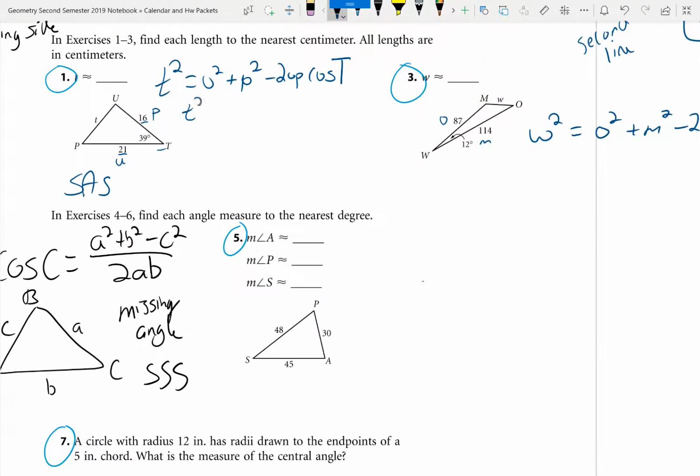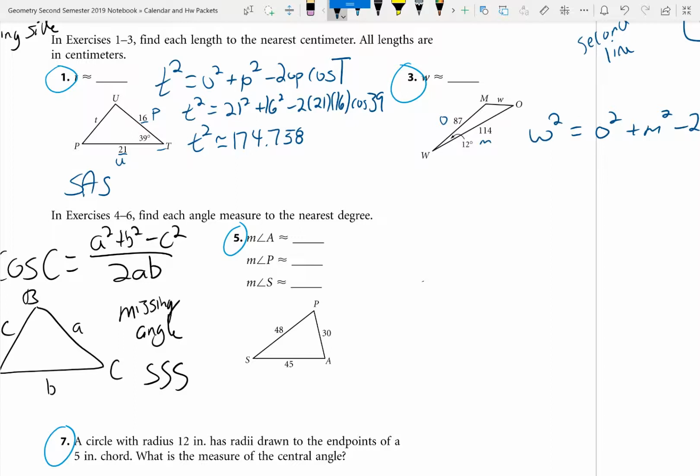So t squared will equal 21 squared plus 16 squared minus 2 times 21 times 16 times the cosine of 39 degrees. Now take all these numbers and plug them into your calculator. That's going to be t squared is approximately 174.758.